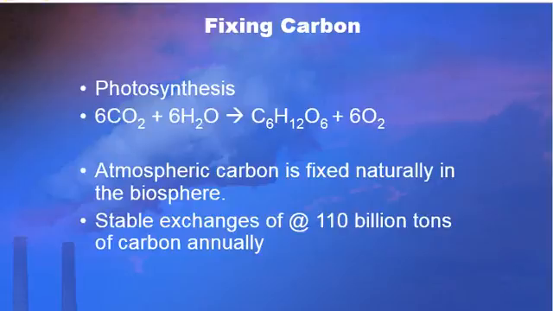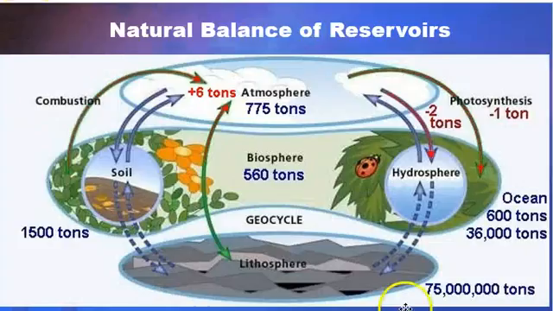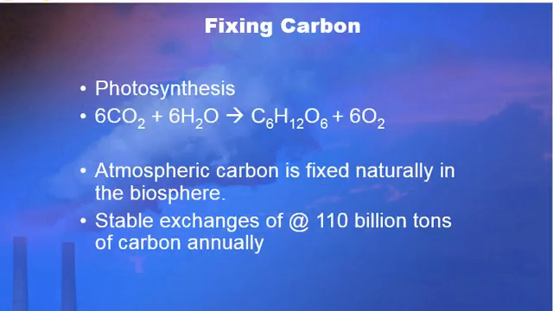And we did mention that part of this process is fixing that carbon. And when we say fixing, we mean kind of making it stick in one place. So getting it stuck so that it stays in living things, or getting it stuck underground. So the process of photosynthesis actually fixes that carbon and it gets it kind of stuck in our food chain so that it's not out in the atmosphere anymore. Now it's in those living things.